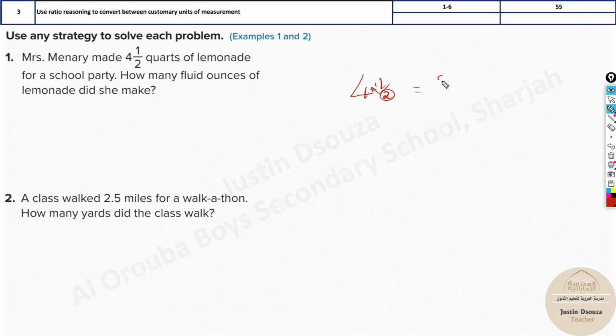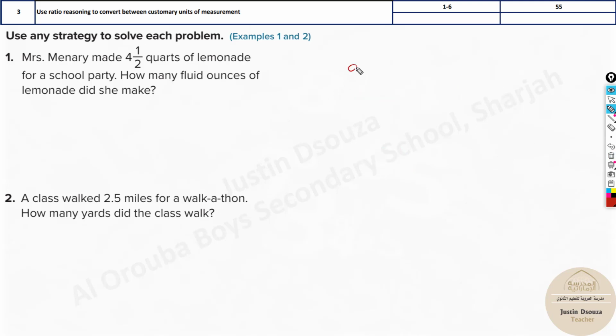So 2 times 4 is 8 plus 1 by 2, that is 9 by 2. The denominator stays the same, and the numerator is the multiplication result plus the numerator.